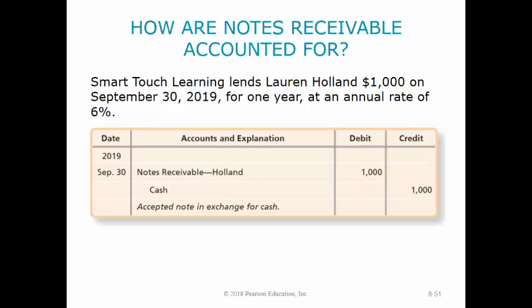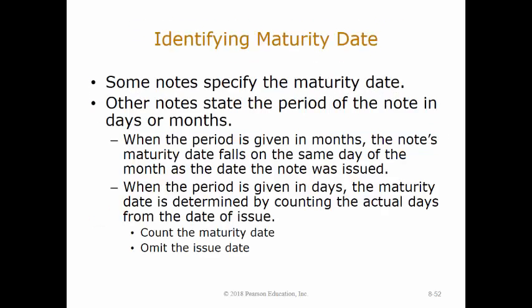Note: interest is recorded only after time has passed. At the time of the issuance of the note, no time has passed. Hence, there is no interest yet to be recorded. Remember that all interest rates are always stated as annual rates. Some notes specify the maturity date. Other notes state the period of the note in days or months.